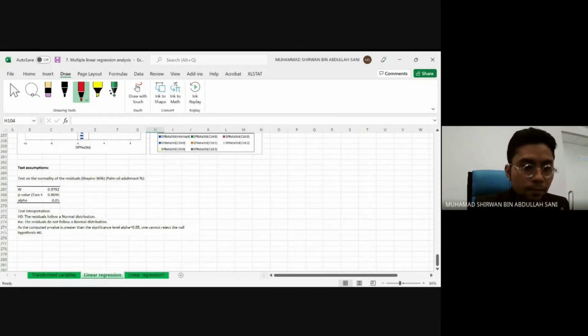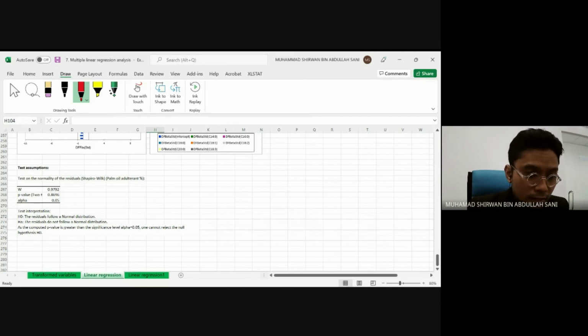Okay, up to this level, we have known what the significant variables are. Now, how about we want to train the data set? We want to train the model, and we want to test the model, how good it is.